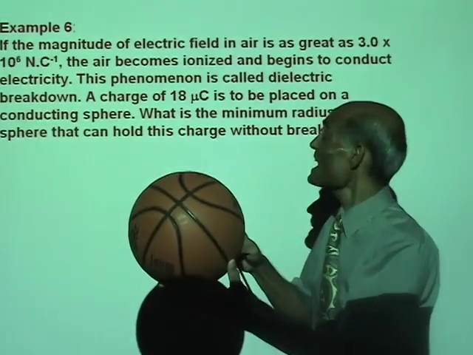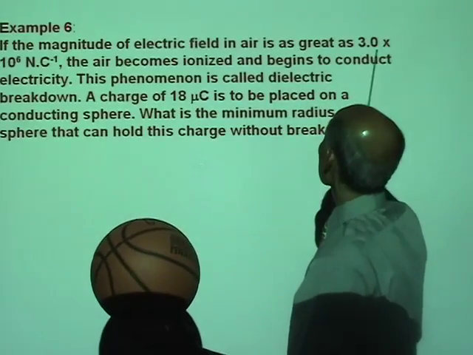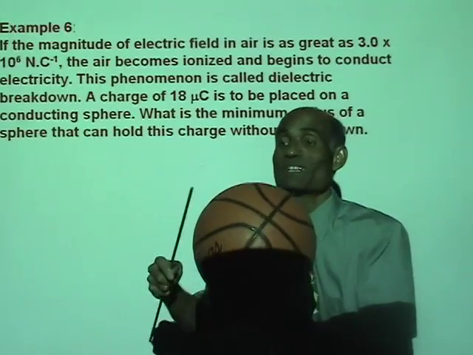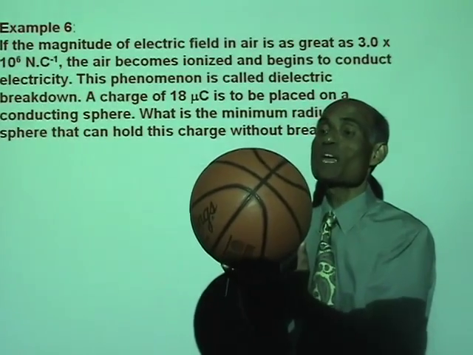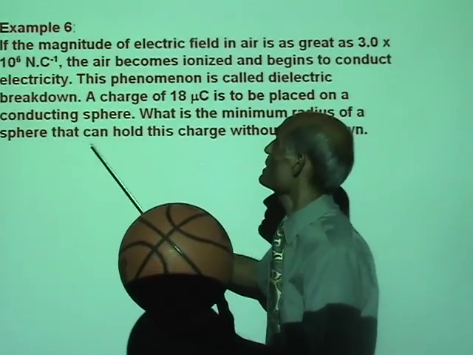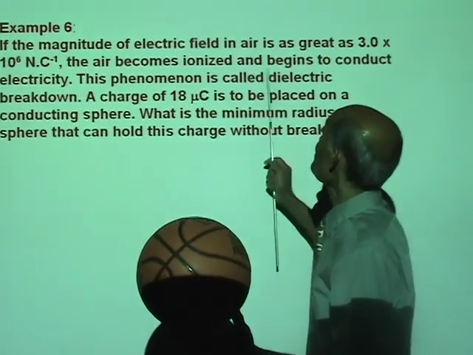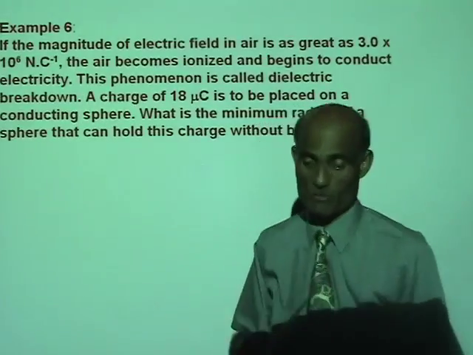Now, that KQ over R squared cannot exceed this value. If it exceeds that value, then dielectric breakdown will happen. Our question is, what is the minimum radius of a sphere that will hold this charge so that the electric field will not exceed that value?